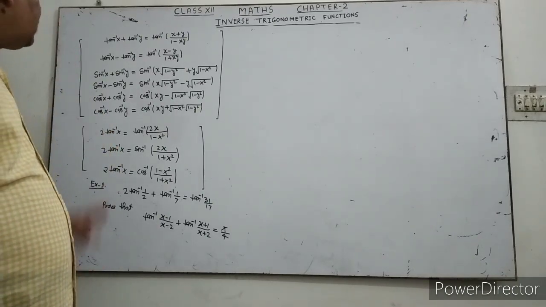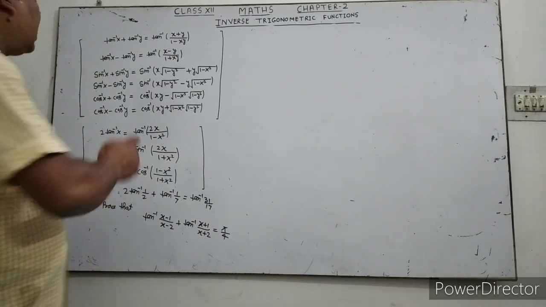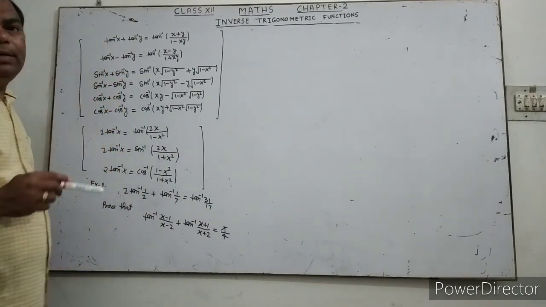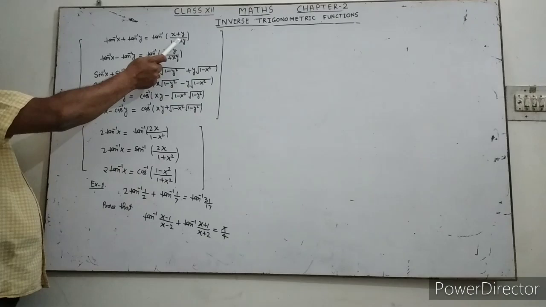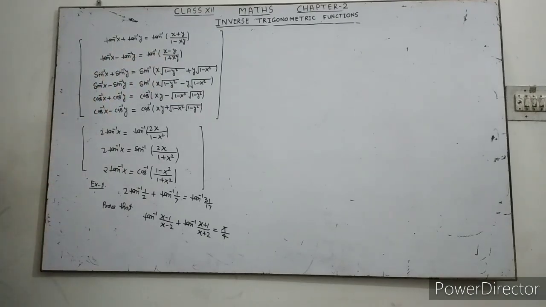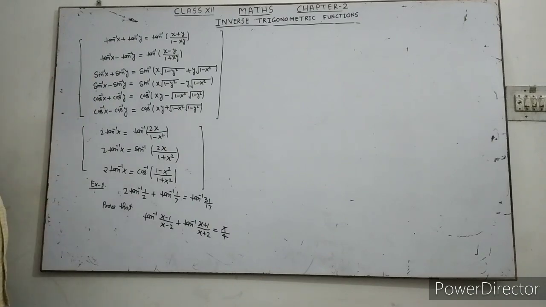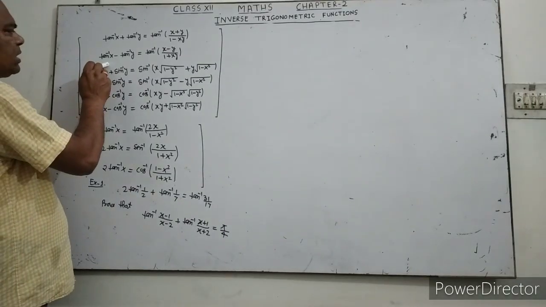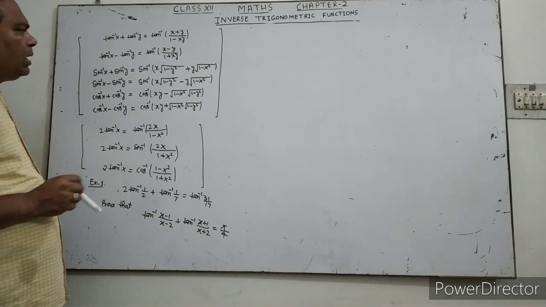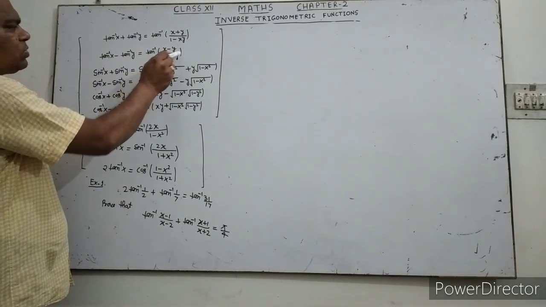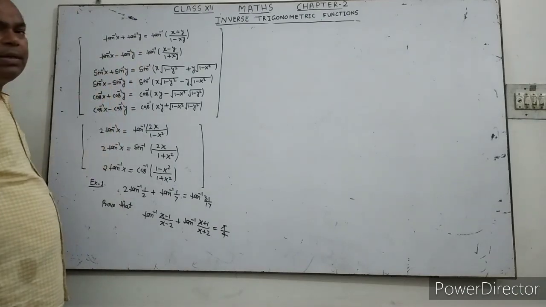You remember it. First formula, tan inverse x plus tan inverse y is tan inverse of x plus y over 1 minus xy. Second formula, tan inverse x minus tan inverse y is tan inverse of x minus y over 1 plus xy.